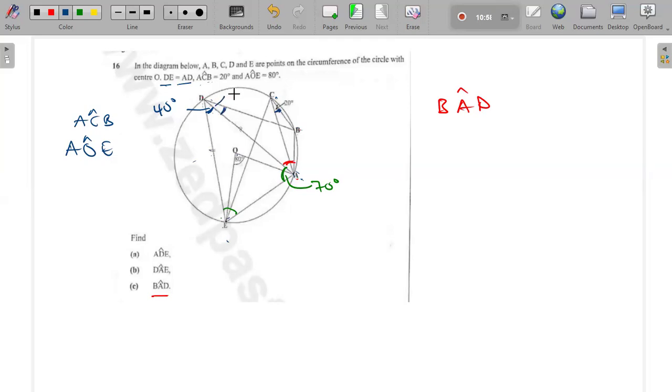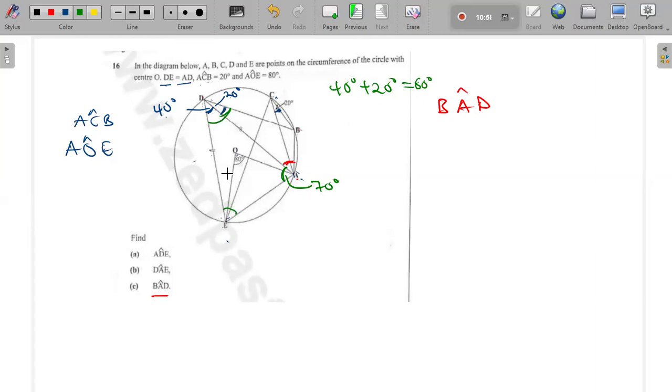So this is going to be 20 degrees. So the entire angle from here to there is an addition of the 20 and the 40. So 40 degrees plus 20 degrees gives us 60 degrees.